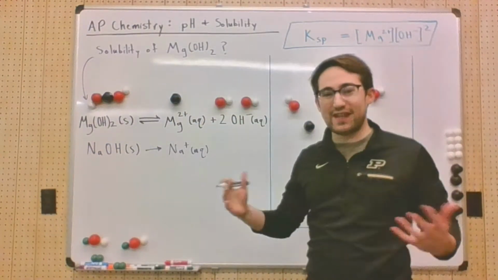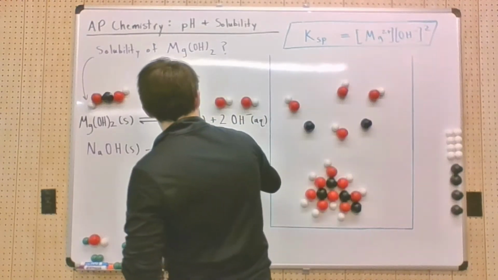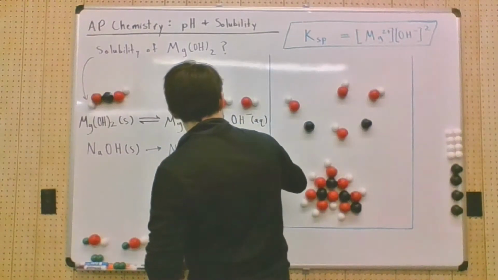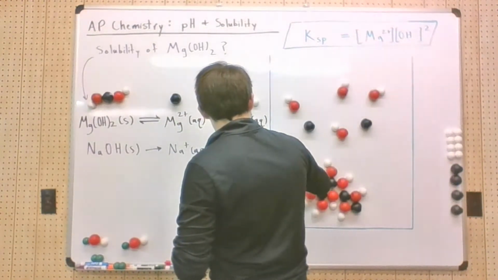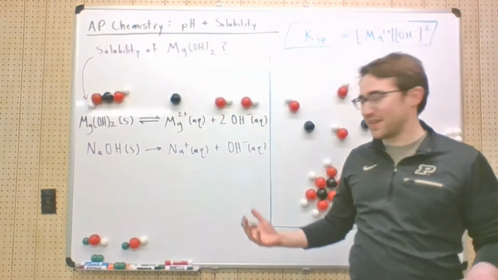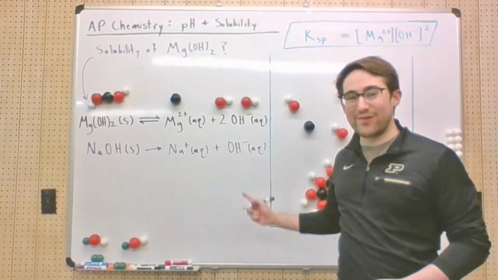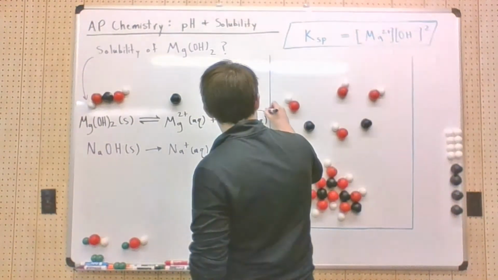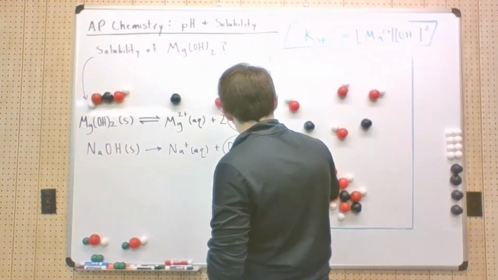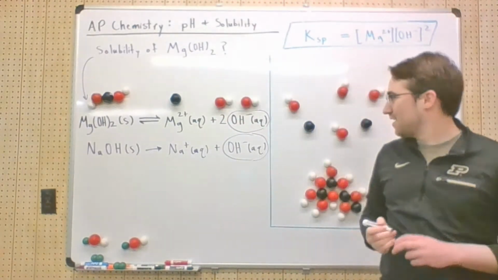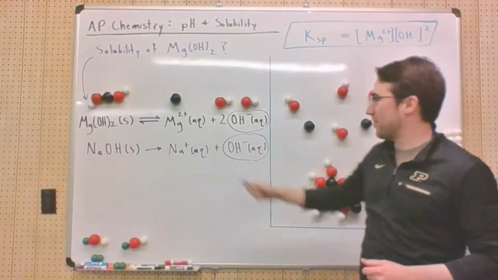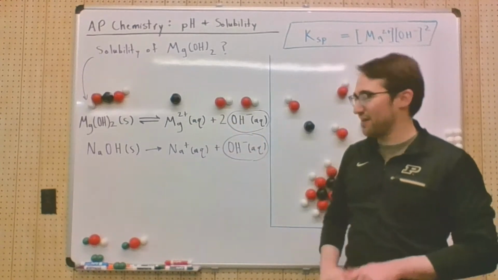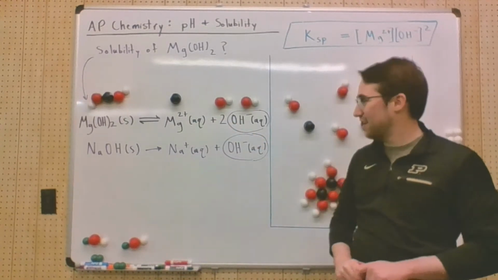So we get aqueous Na plus ions and aqueous OH minus ions. Hey, we've got a common ion. We've got hydroxide coming from both this equilibrium here and this strong dissociation here.